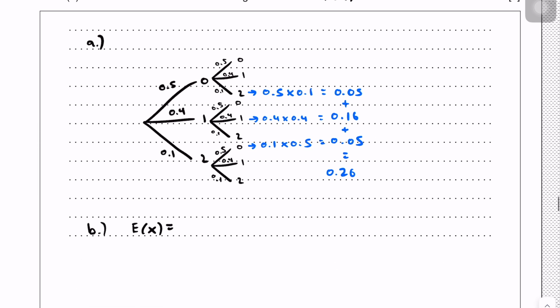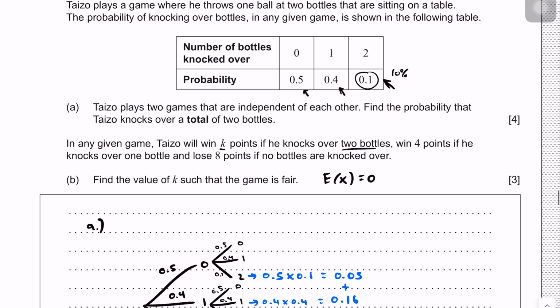So let's write that out. This is a 10% probability of winning K points. Plus, we have this 40% chance, or 0.4 probability, of winning 4 points. And that's if we knock over 1 bottle.